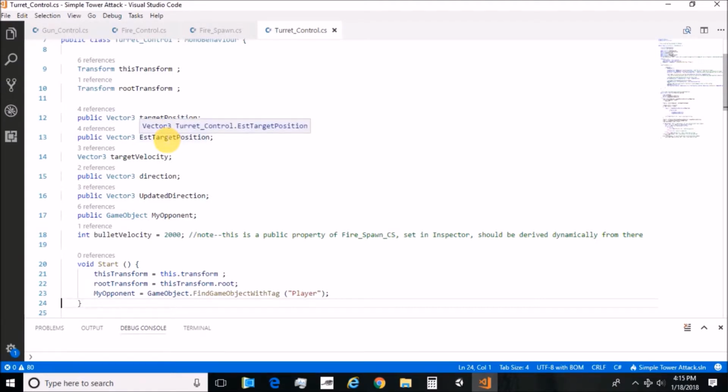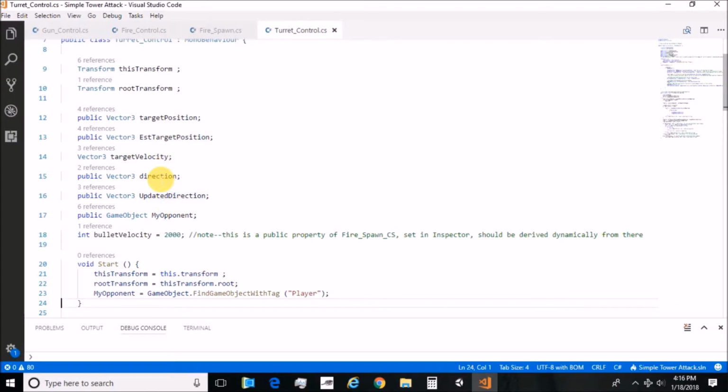Estimated target position is going to be where this logic below calculates the target is going to be by the time the shell actually gets to the target, based on the target's current position in world space and direction and velocity. So there's some complexity to that. And that's why we need to know what the target velocity is, we need to know what the target direction is, and then updated direction goes along with estimated target.